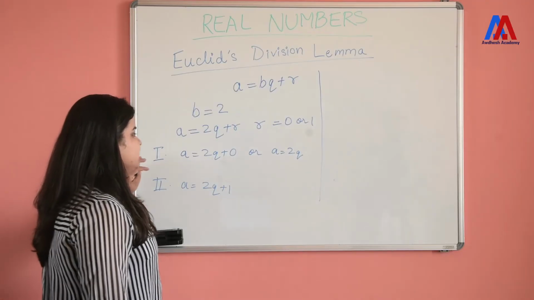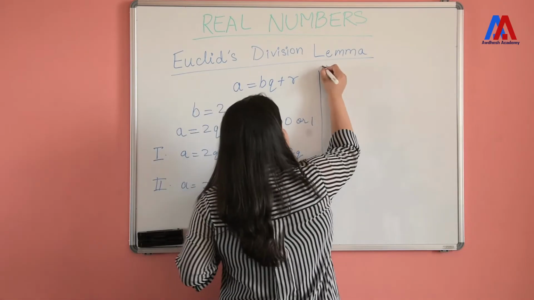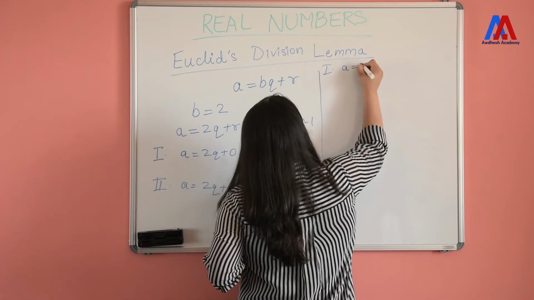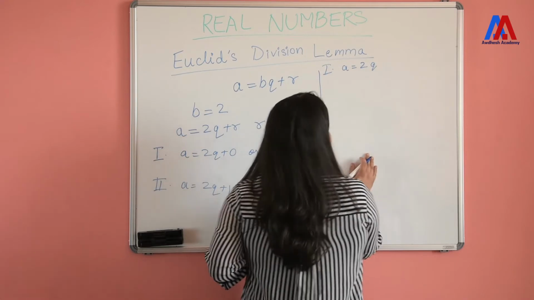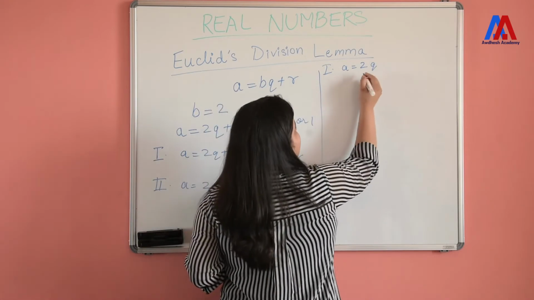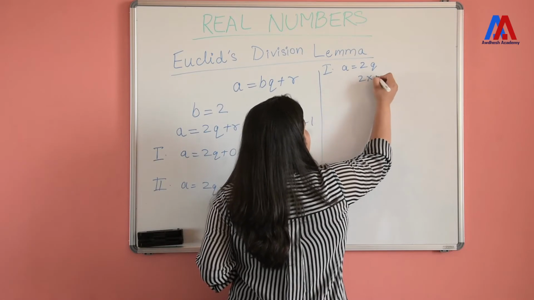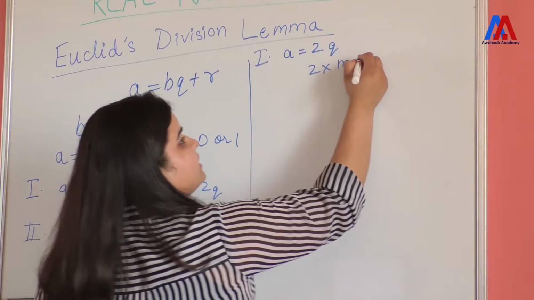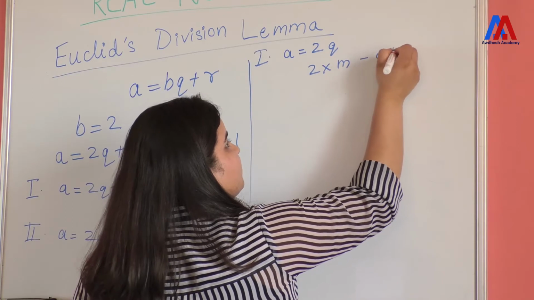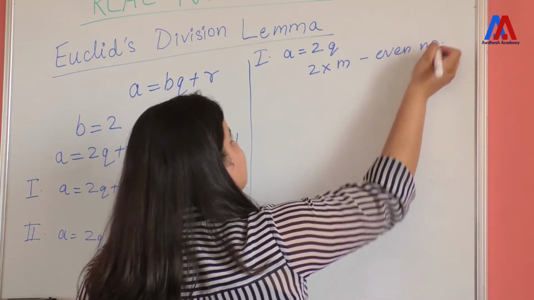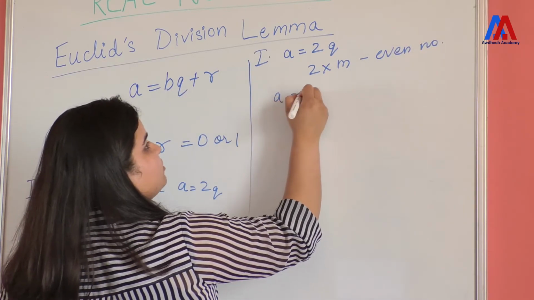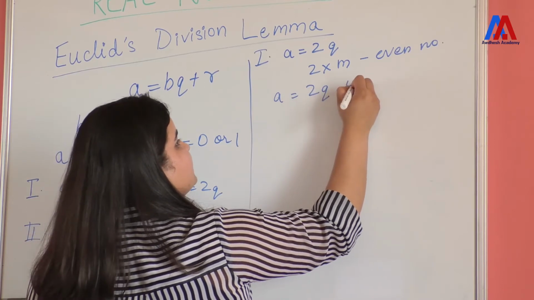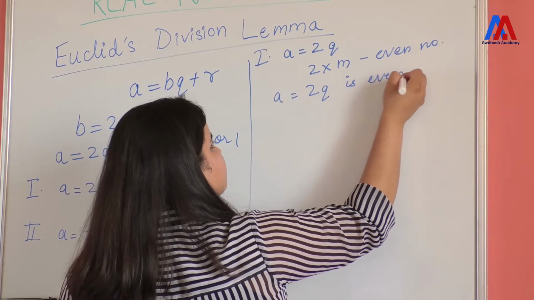Now let's take the first case, that is a equals 2q. We know that any number multiplied by 2 is an even number. Thus a equal to 2q is even.